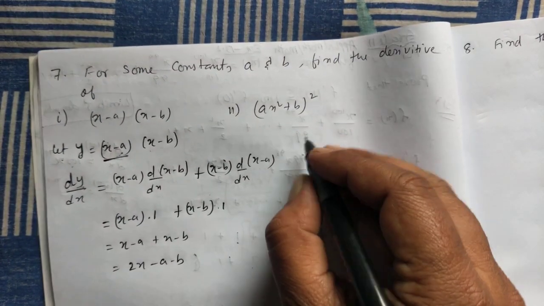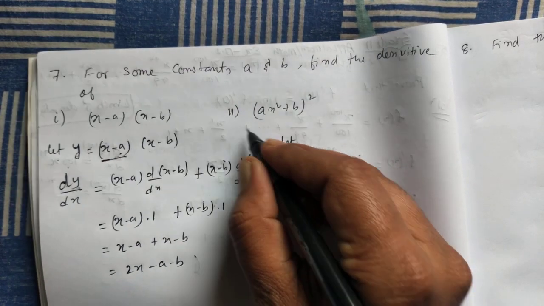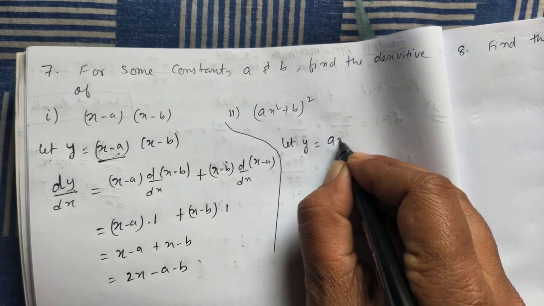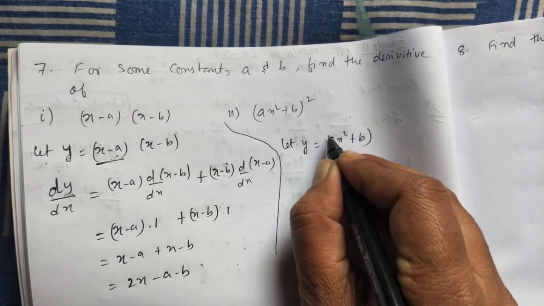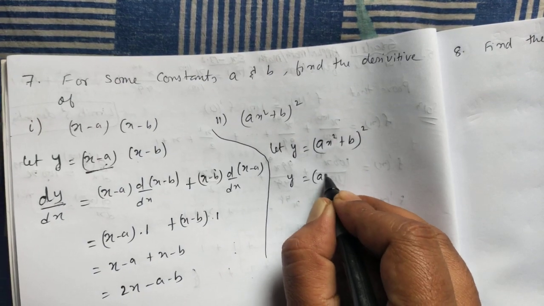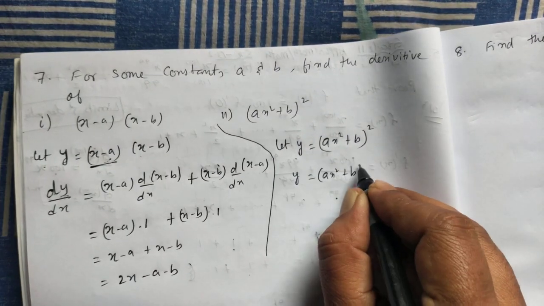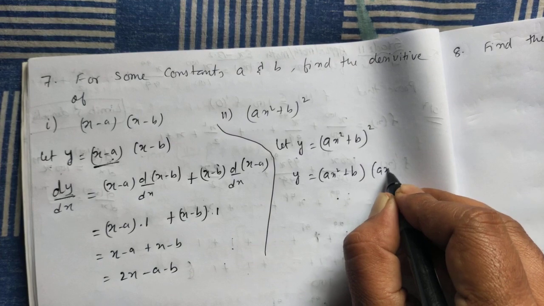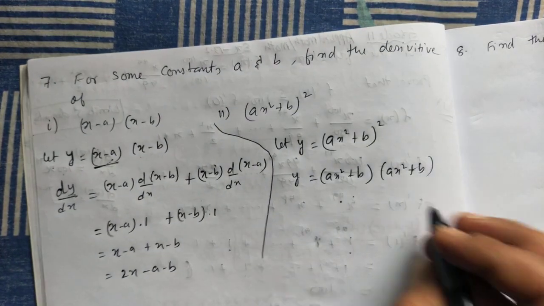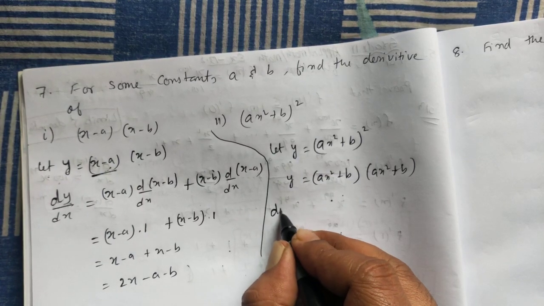Similarly, let us do this. Let y equal to, so we can write y equal to a times x square plus b. Okay, so derivation dy by dx.